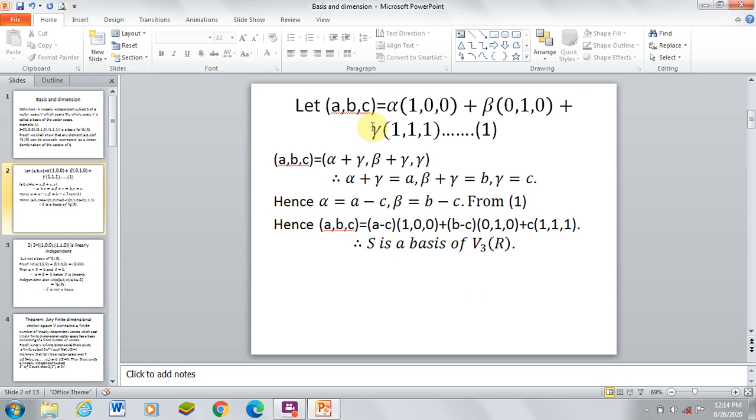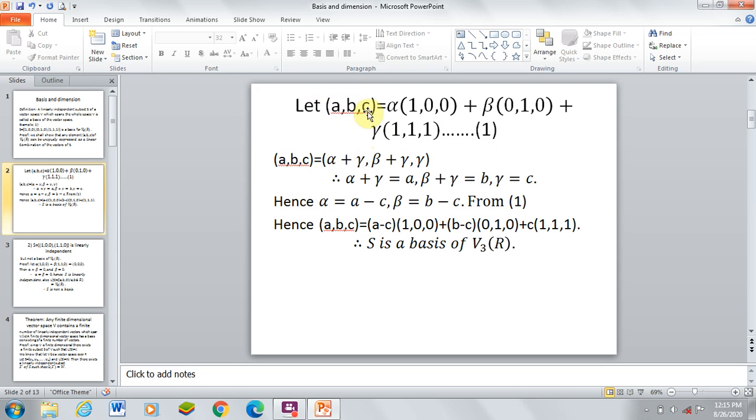That is, let (a, b, c) equal alpha into (1, 0, 0) plus beta into (0, 1, 0) plus gamma into (1, 1, 1). We put this as equation 1.